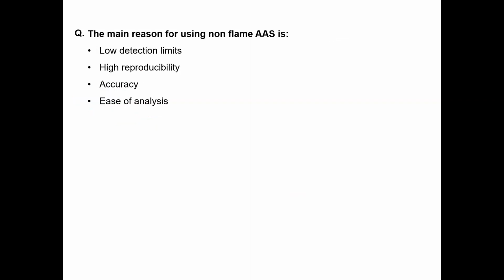The main reason for using non-flame AAS. This question is basically talking about the techniques in which we don't use a flame, that is, non-flame AAS. So what is the main reason, or advantage, for using non-flame AAS? They offer low detection limits. They show high reproducibility. They show high accuracy.